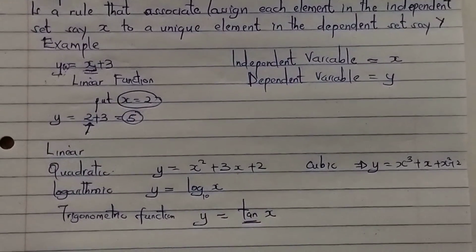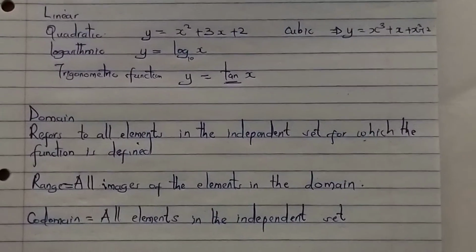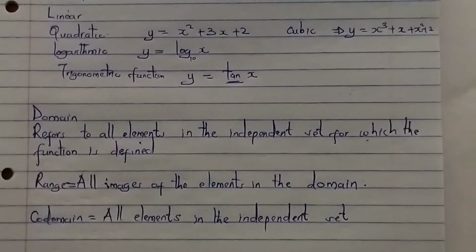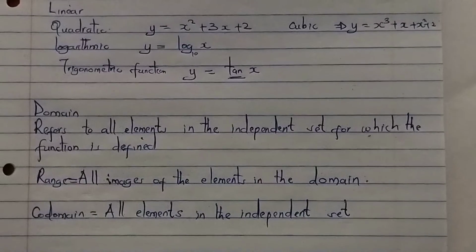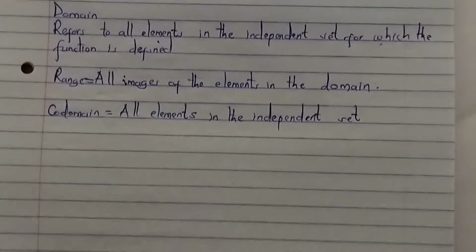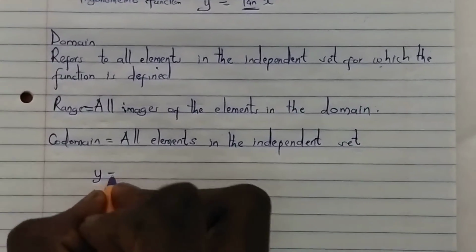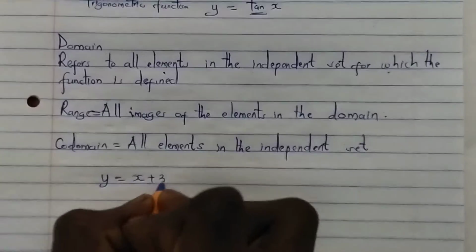Now, domain refers to all elements in the independent set for which a function is defined. To explain that using an example, let me use the example that we had there, which is y is equal to x plus 3.